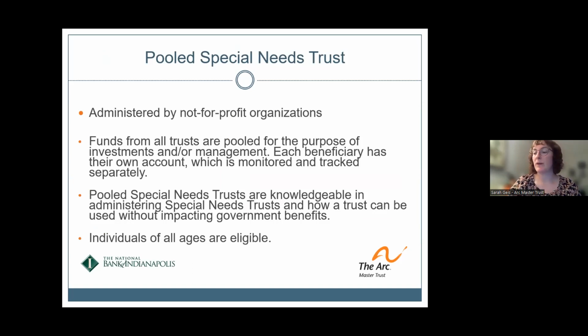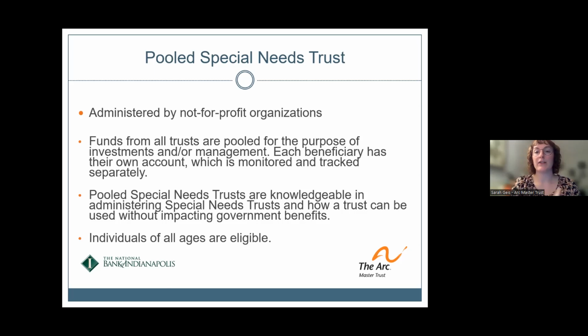So a pooled special needs trust is always administered by a nonprofit organization. That is one of the legal requirements for a pooled special needs trust to exist. A nonprofit organization does need to administer it. What is happening in a pooled special needs trust is that all of the funds from all of the trusts are pooled together for the purposes of investment or financial management.